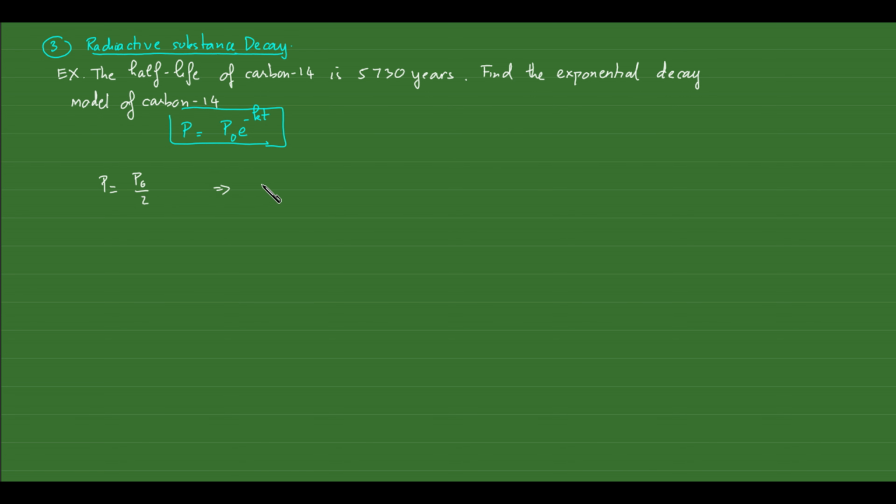So my new equation will be P0 over 2 equals P0 e to the negative 5730k, which gives you half equals e to the negative 5730k. So our job is to find k. As long as we find k, then we're done.